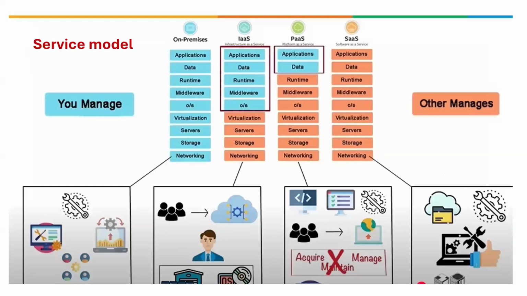And if you see the service model, this is the actual main content of the cloud. So service model, it provides 3 services: IaaS, infrastructure as a service; PaaS, which is platform as a service; SaaS, software as a service.